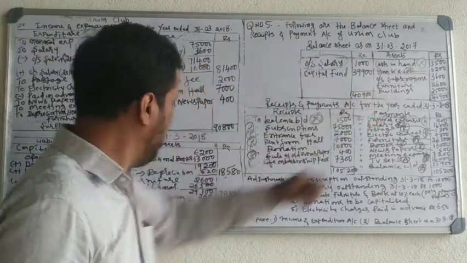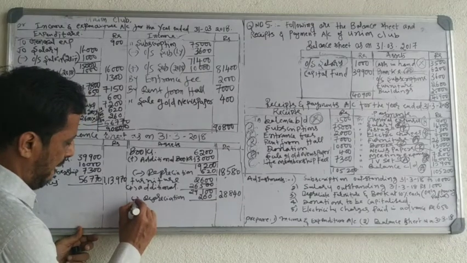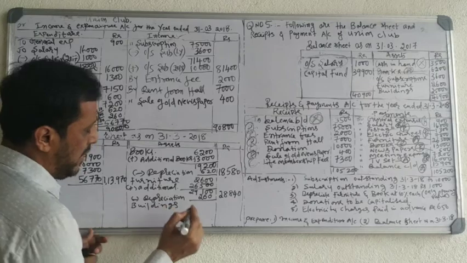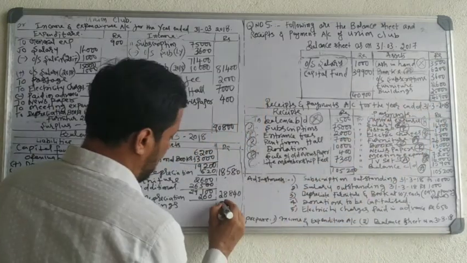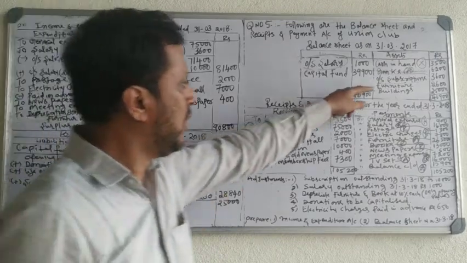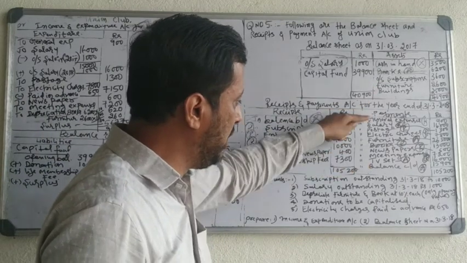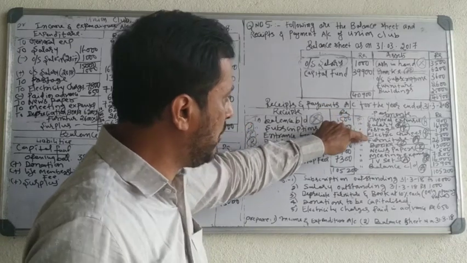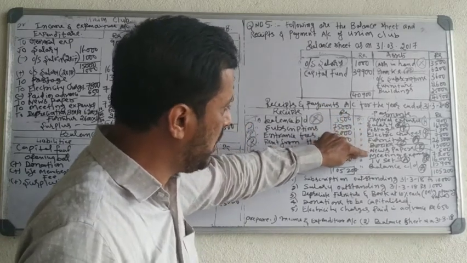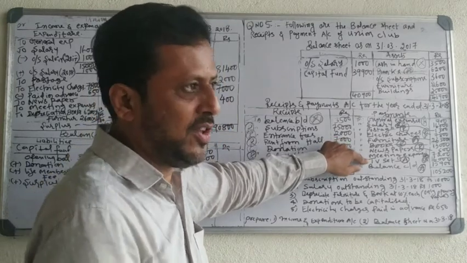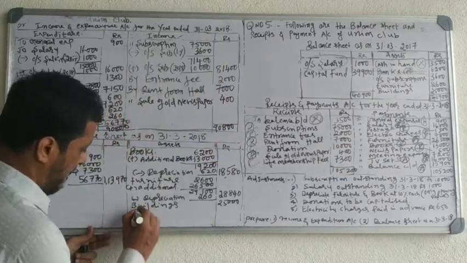Then you have building. Building is an asset. Buildings 25,000. There is no addition, there is no depreciation. Over. Next, see here. Is there any new assets? General expense over, salary is over, postage is over, electricity charge is over, furniture is over, books is over, newspaper is over, meeting expense over. TV set. It is a new asset. Purchased this year. So take TV set.